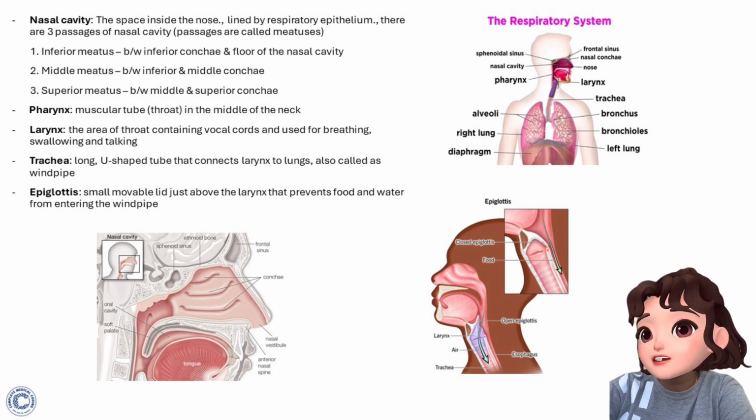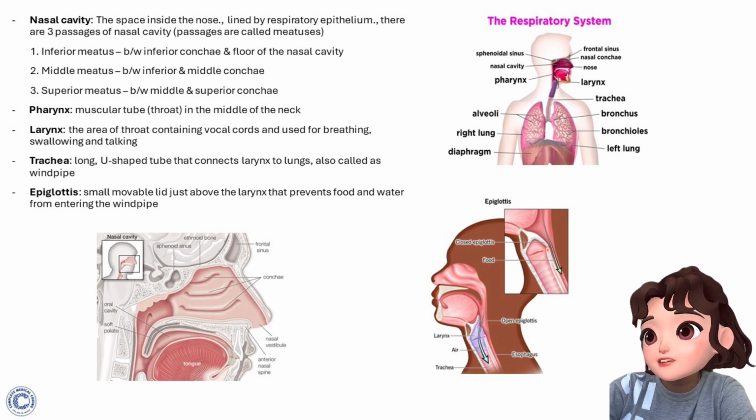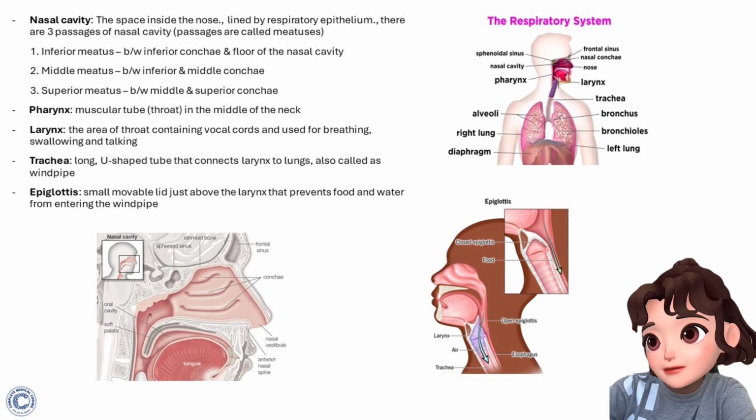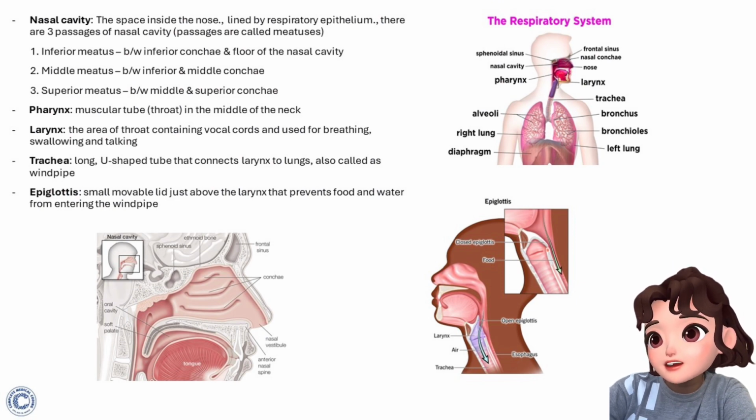In the closed epiglottis, when food or water is entering, the epiglottis closes so that it prevents the food or water from entering into the windpipe. See, the open epiglottis is also mentioned there.